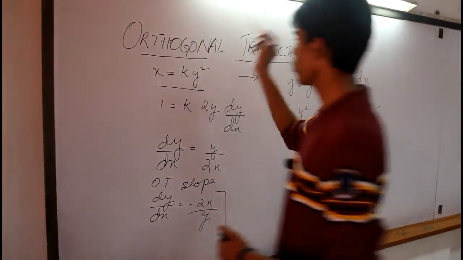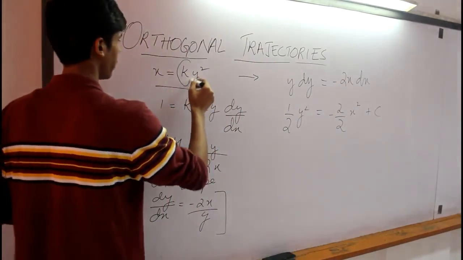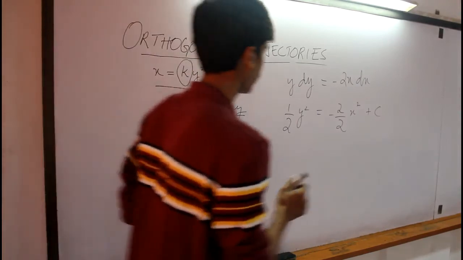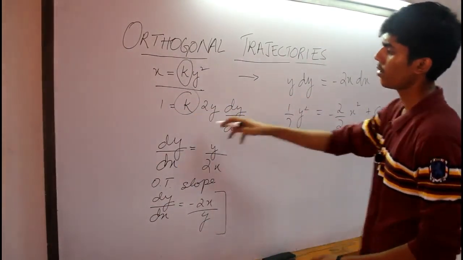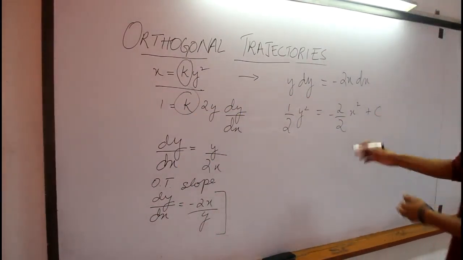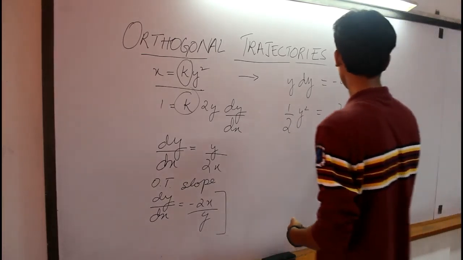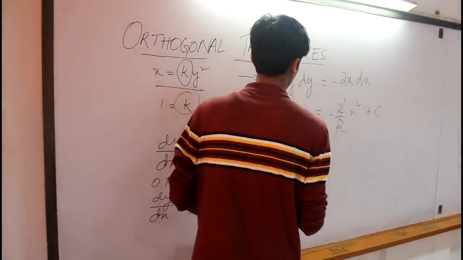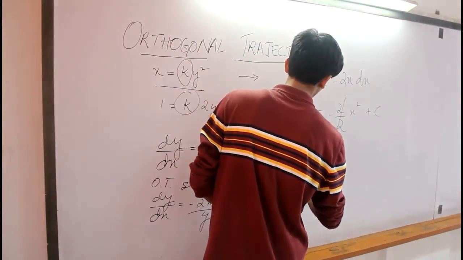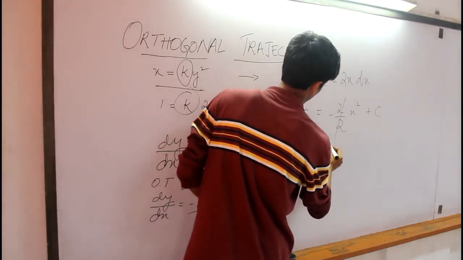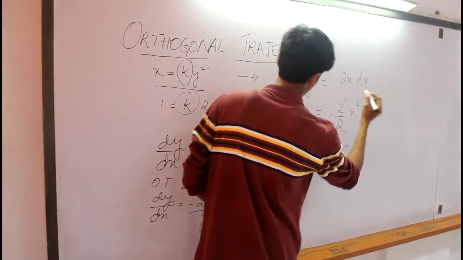I forgot to tell you, this is some arbitrary constant, so don't worry about it. So we get 1 over 2 y squared plus x squared equals c.